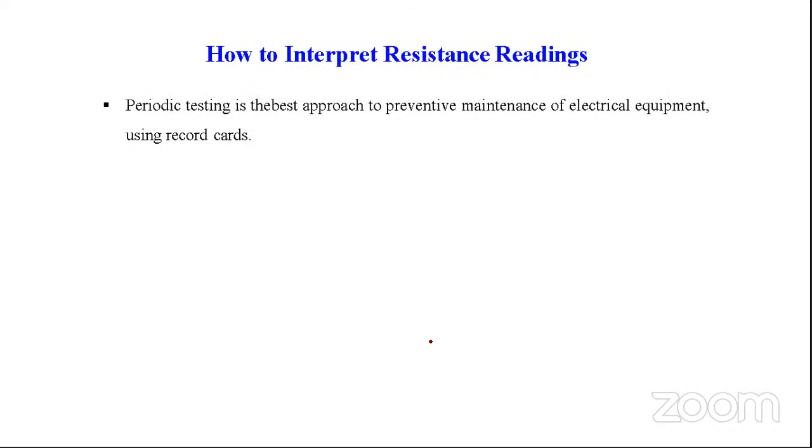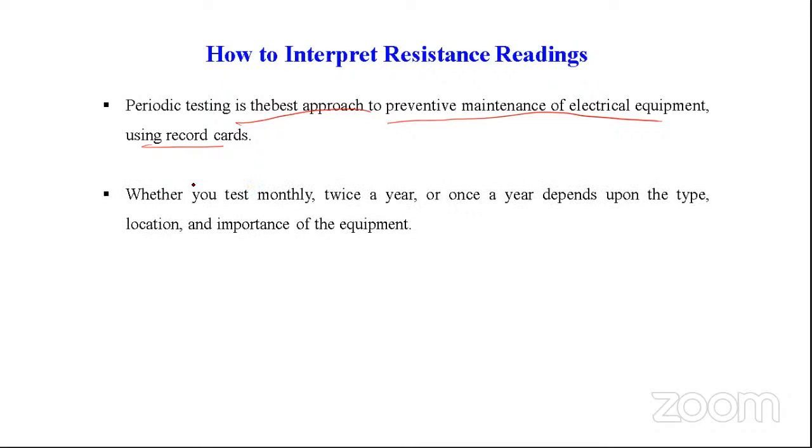Now how to interpret the resistance reading? For that purpose, periodic testing is the best approach to preventive maintenance of electrical equipment using record cards. Periodic testing means at regular intervals you measure the resistance value of the insulating materials, and from the recorded values you can conclude whether the insulator is good or bad.